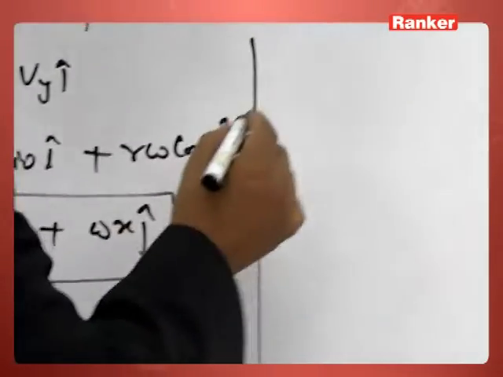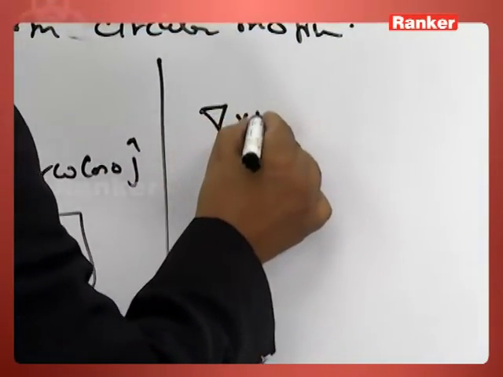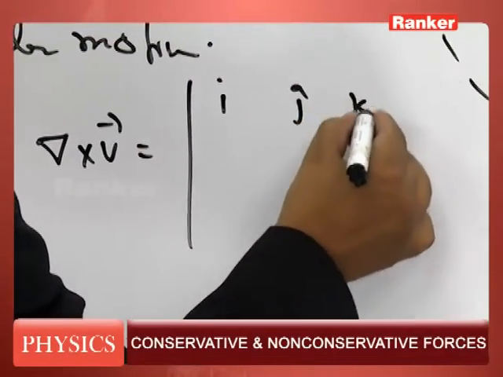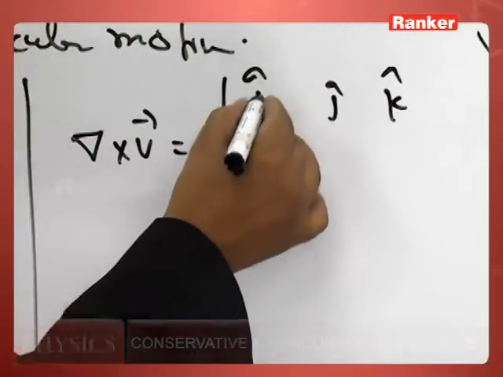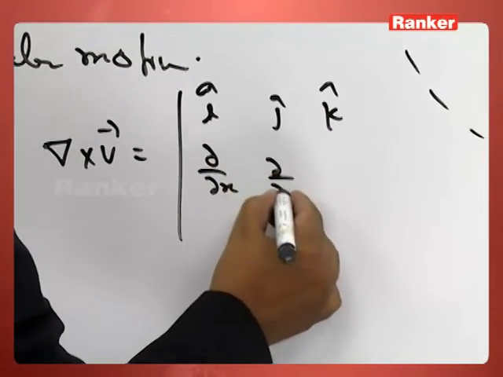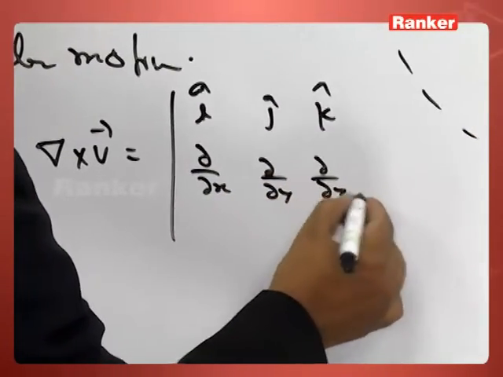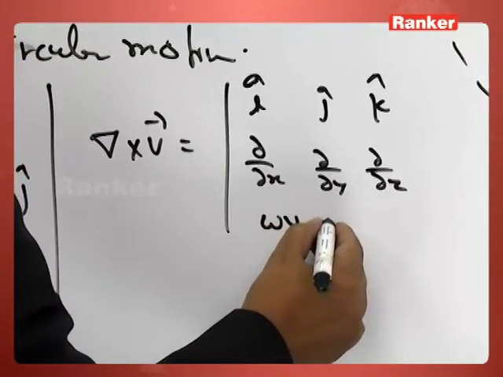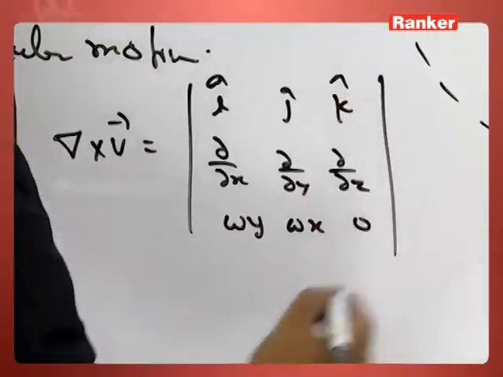Now let us calculate curl of this v. Curl is the determinant with unit vectors i, j, k, dou by dou x, dou by dou y, dou by dou z, and the components Vx is omega y, Vy is omega x, and the third is 0.